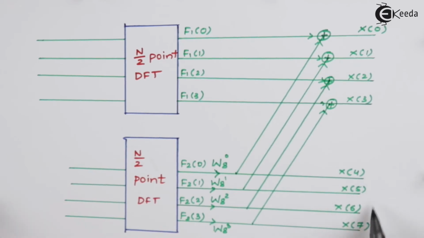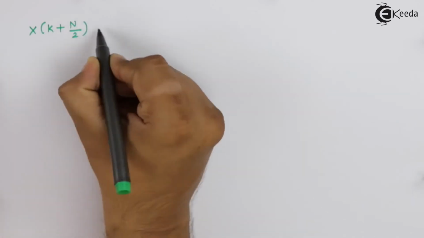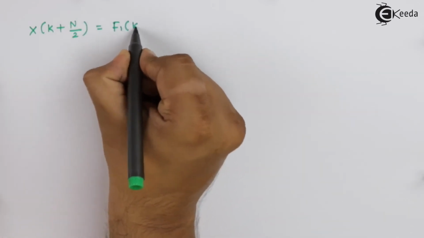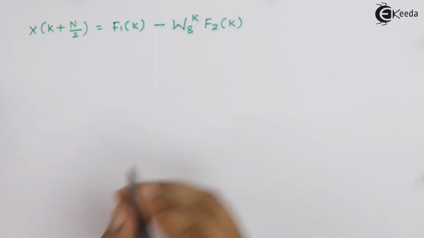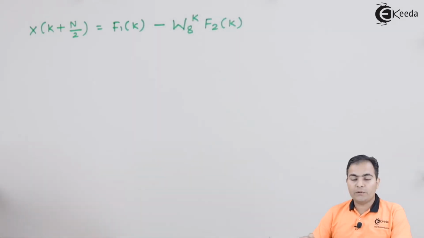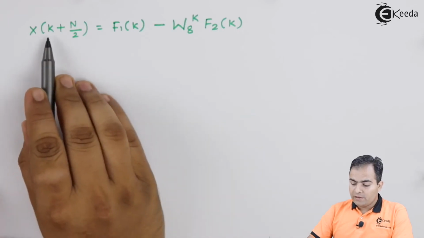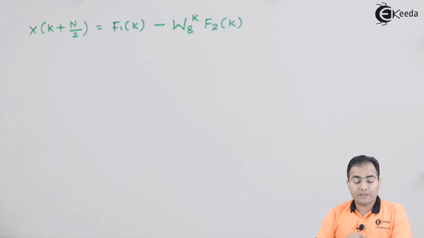Now how to get the next 4 sample values? So we will use the second part, that is the x of k plus n by 2 equation. Now this was equation number 2. Here we have calculated only the first 4 samples, that is 0 to 3. Now how to get the next values?